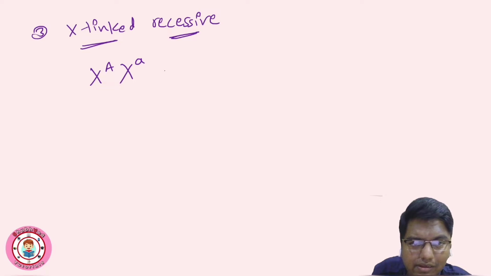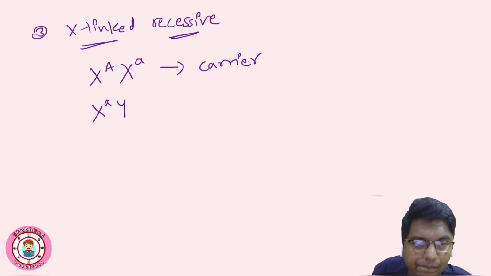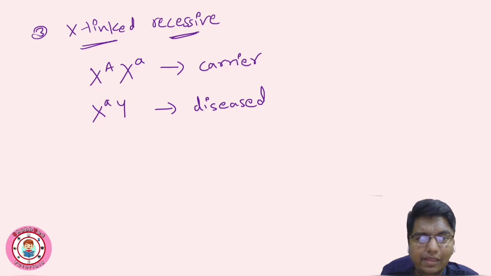Okay, so this condition is known as carrier, right? Then we take small a and Y. This will be diseased, right? Due to pseudodominance. Single chromosome is there in males. Okay, single chromosome, so thus the allele will tend to express, right?